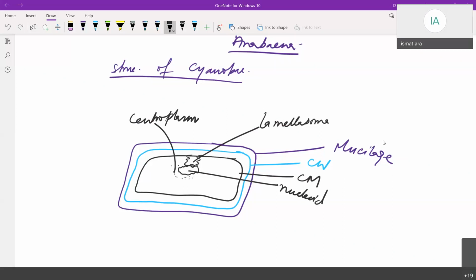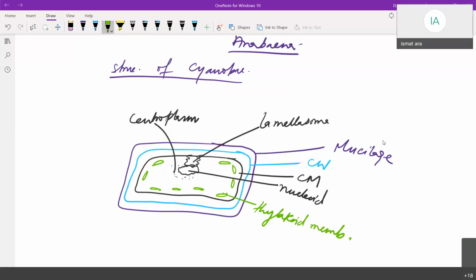Okay. And the thylakoid layer you can see here. These are thylakoid layers, present surrounding the nearby cell membrane. These are thylakoid membrane.